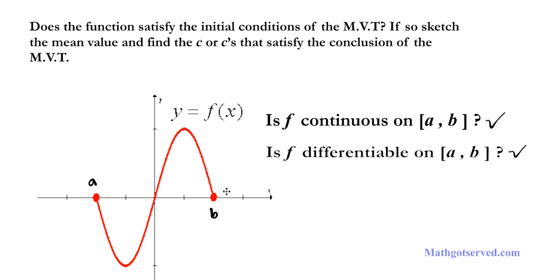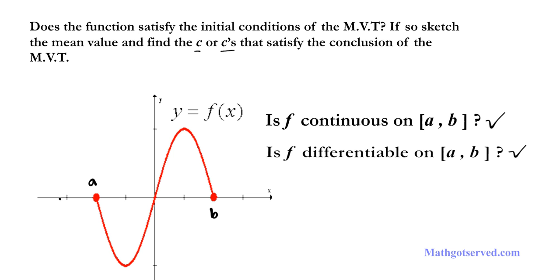No. So, since we do not have any corners, vertical tangents, cusps, or discontinuities, then this function is differentiable. So since the initial conditions are satisfied, that means that there has to be a C or C's that satisfy the conclusion. Okay? So first thing we want to do is draw the secant line.